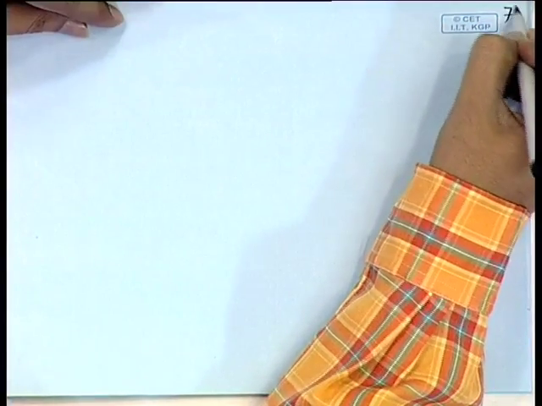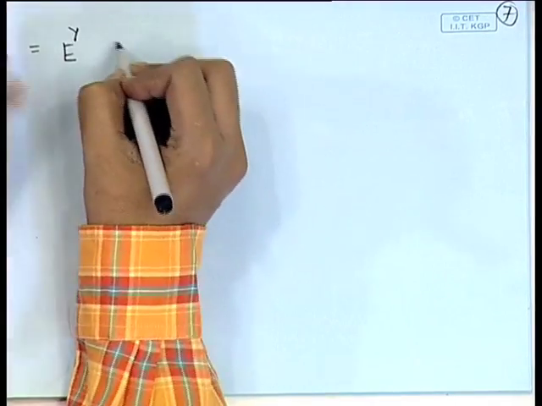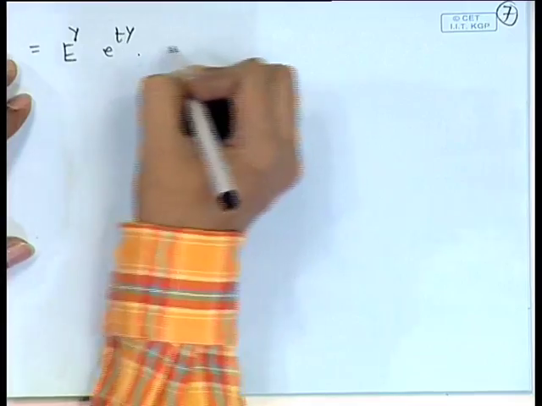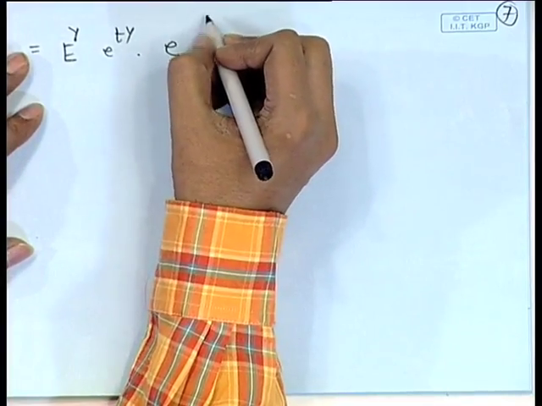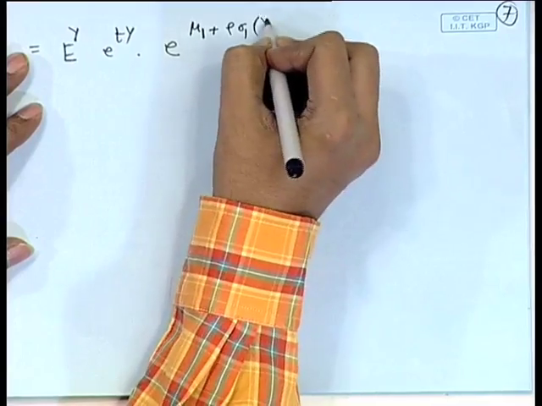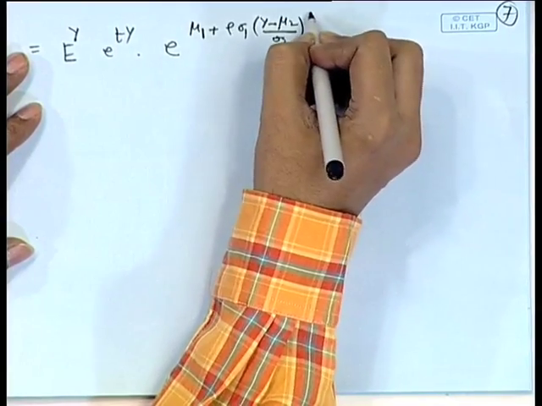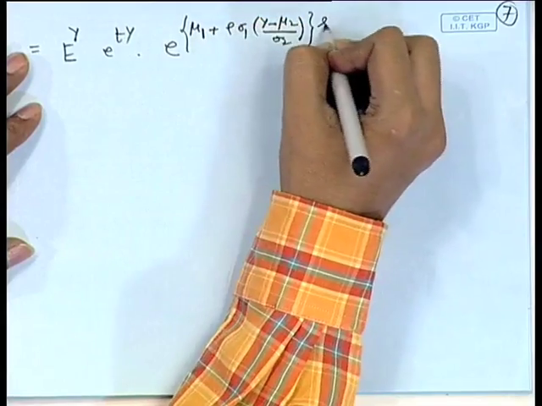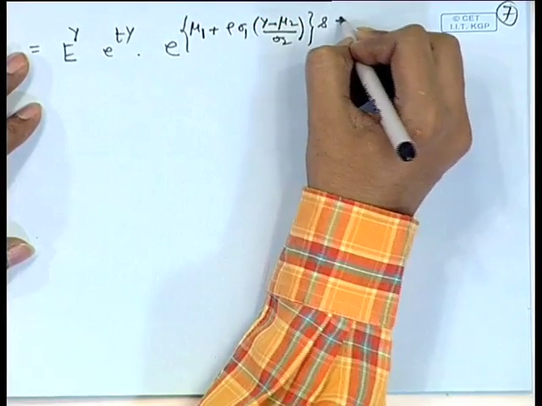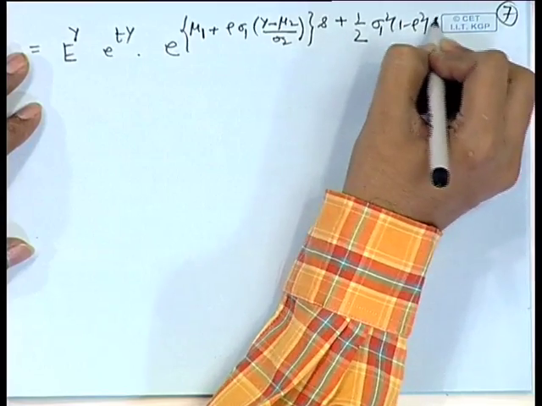So, this can be expressed as the expectation of e^(tY) times e^([mu 1 plus rho sigma 1 (y minus mu 2) by sigma 2] s plus half sigma 1 square (1 minus rho square) s square).